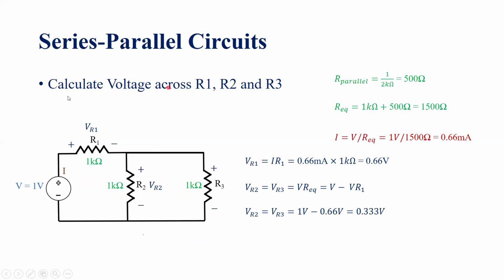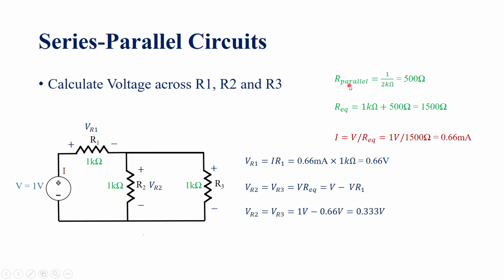Now you can see we can also calculate the voltage across R1, R2, and R3. So the voltage across R1 is VR1. You see this voltage drop. The voltage across R2 is VR2, you see this voltage drop. And the voltage across R3, you see this voltage drop.